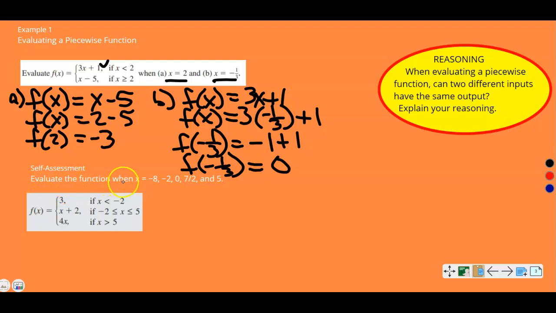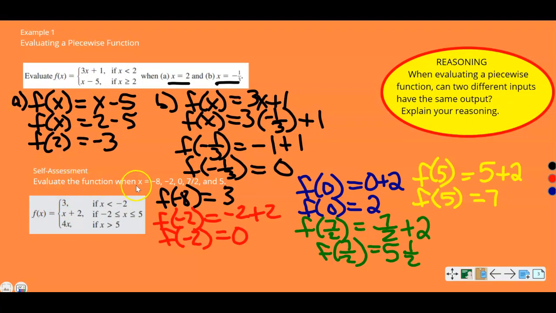You need to evaluate the function when x equals negative 8, negative 2, 0, 7/2, and 5. So you're going to have 5 answers because you have 5 inputs. So this is your 5 x's. Find your 5 y values. Remember, start by looking at each one individually and see which function to plug it into. Then solve for each one. All right, pause the video, come back in a few minutes to see if you solve these correctly.